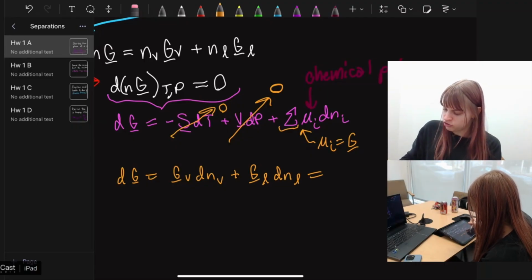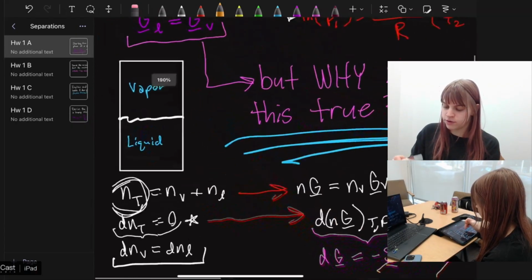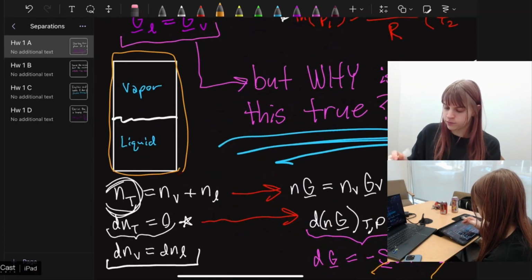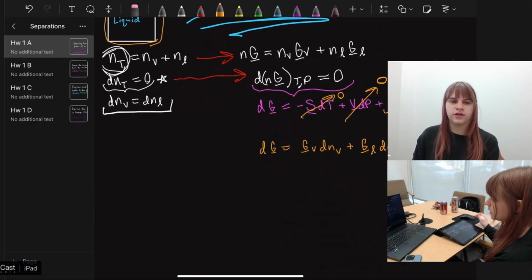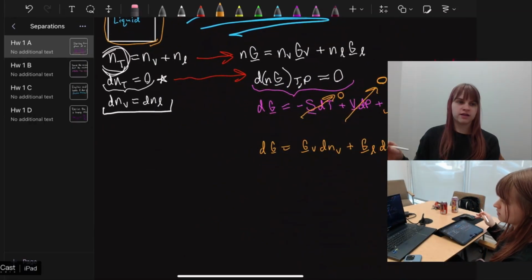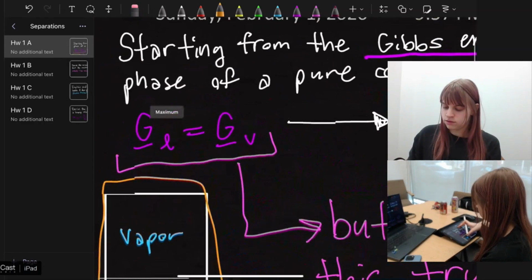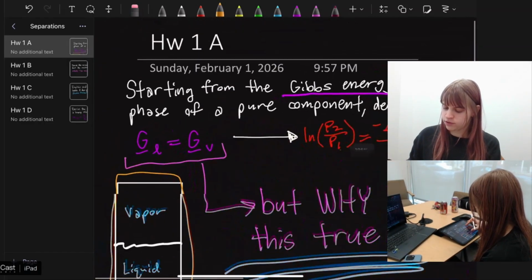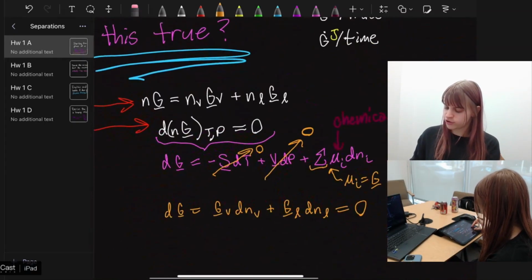And this should be equal to 0 for a pure component in our scenario. Okay, so now that we've established that that is true, our next step is to basically say that the Gibbs free energy in both of the phases is equal to each other.